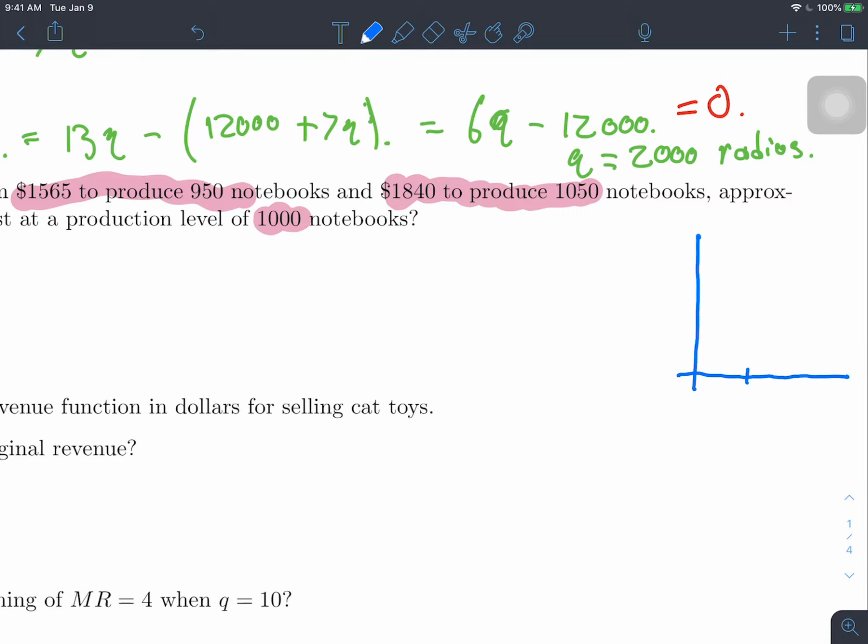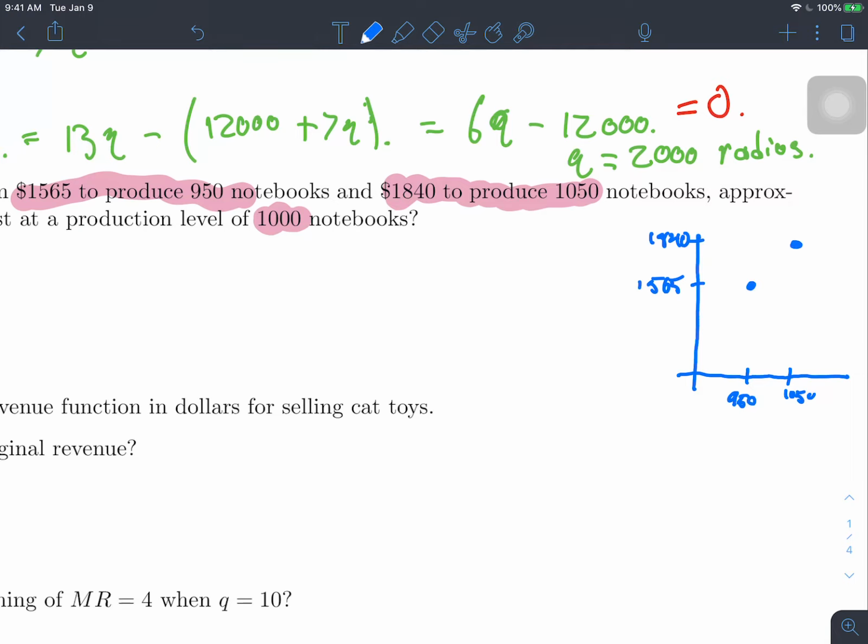Here's 950, and here's 1050. We have some points here. 950, it's 1565. 1050, it's a little bit higher than that. It's at 1840. Okay, so this is the information that we're given in the problem.